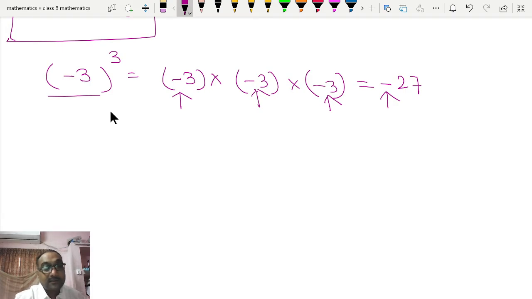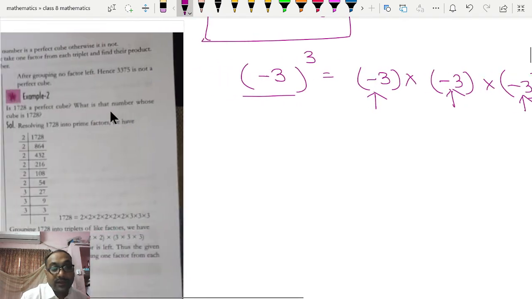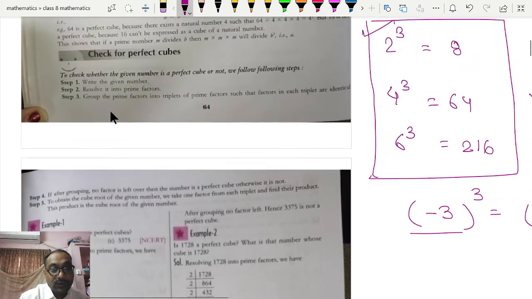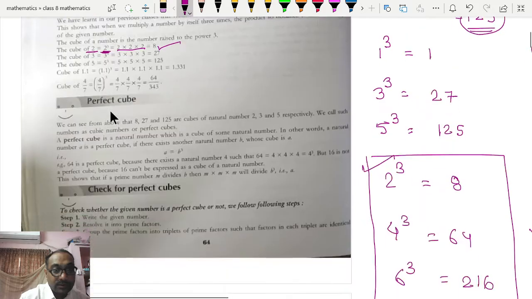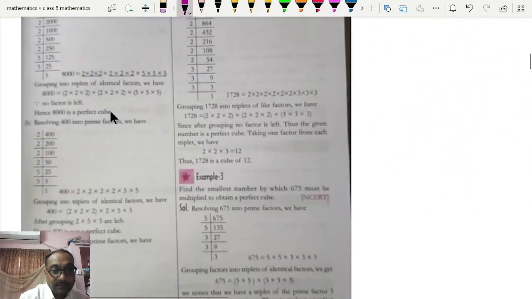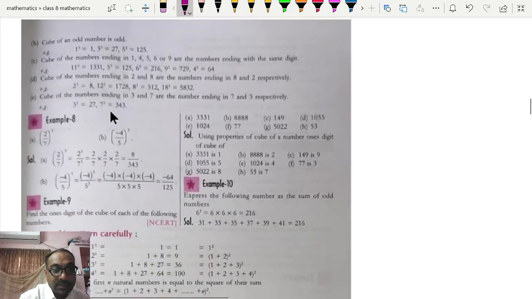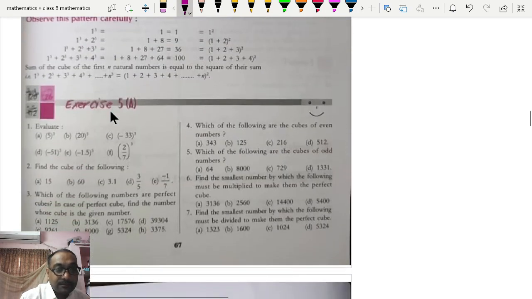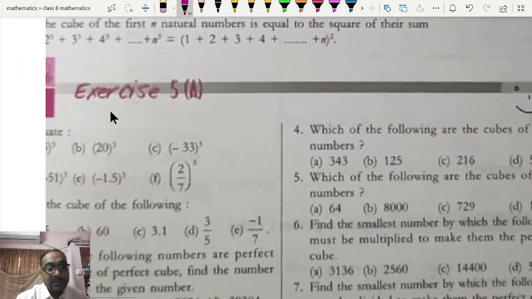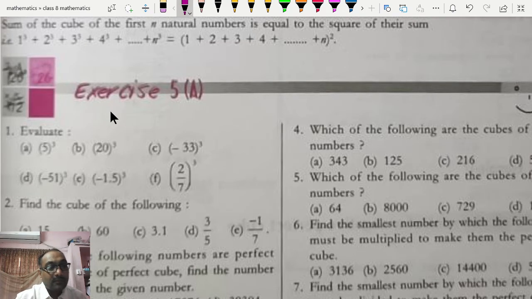This is the very first exercise of cube and cube root. The very first method is to find by using factorization. Exercise 5a. The question is, evaluate. We have to find the cube of 5. We have already solved it: 5 into 5 into 5 is 125.